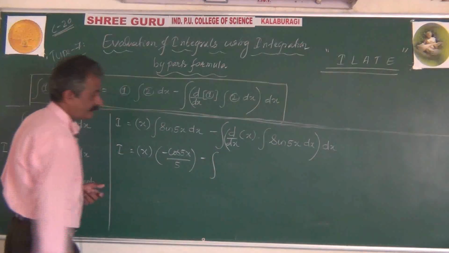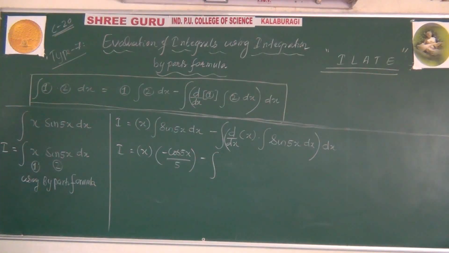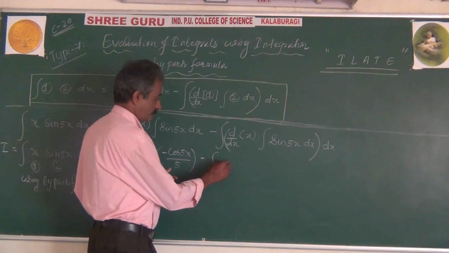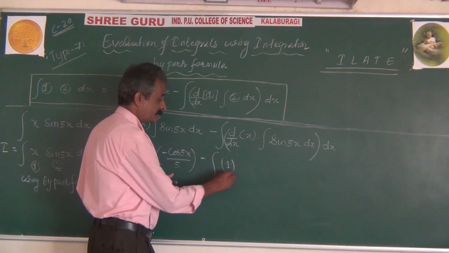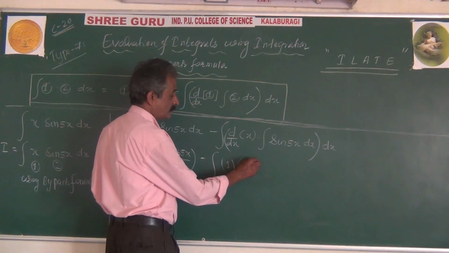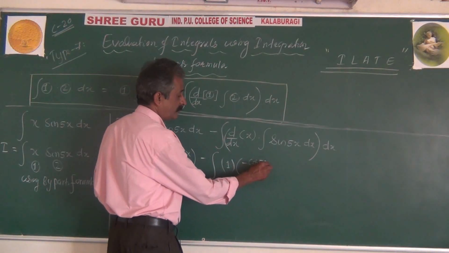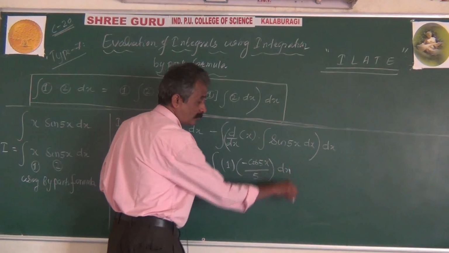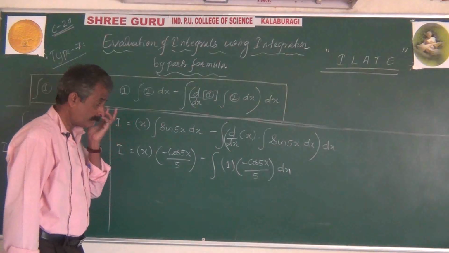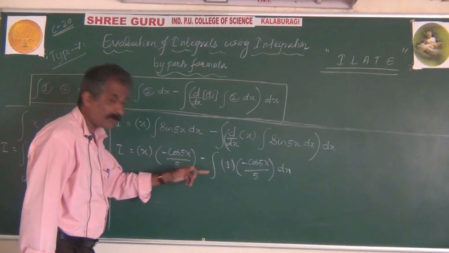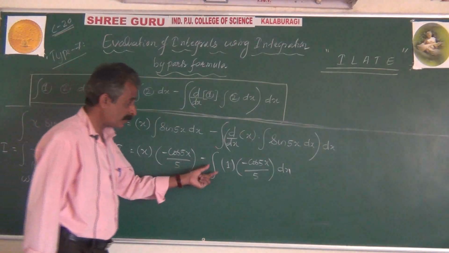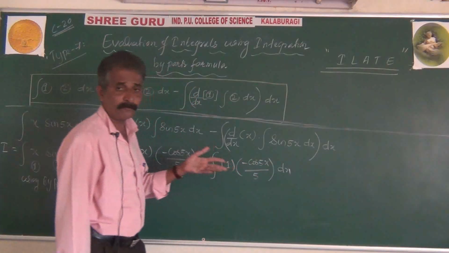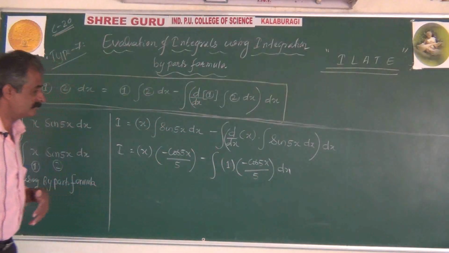Minus integration of differentiation of x is 1, into integration of sin 5x is minus cos 5x divided by 5. Don't stop. It's not the end of the problem because there is still the symbol of integration. This symbol of integration will be cleared after performing the steps of integration.